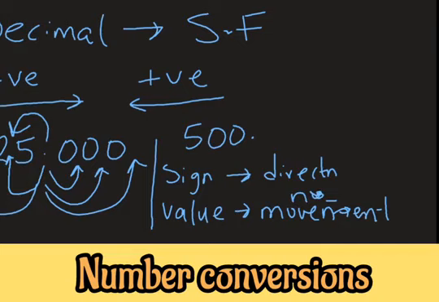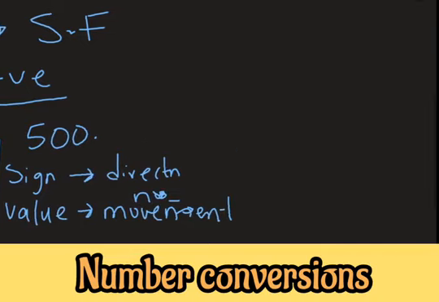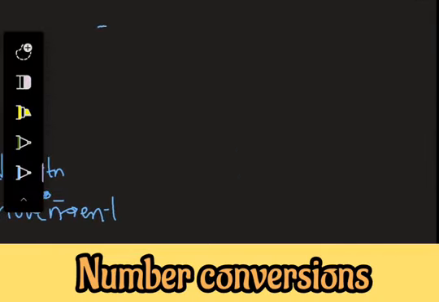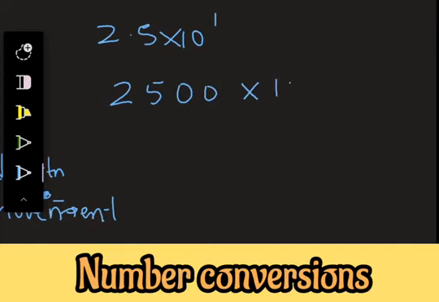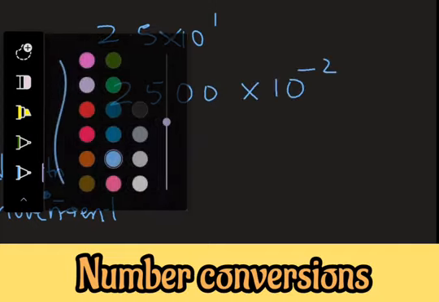If the answer is going to be 2.5 times 10 raised to the power 1, or 2500 times 10 raised to the power minus 2. So here you can see we have two values.